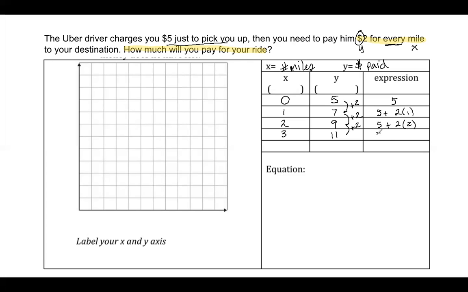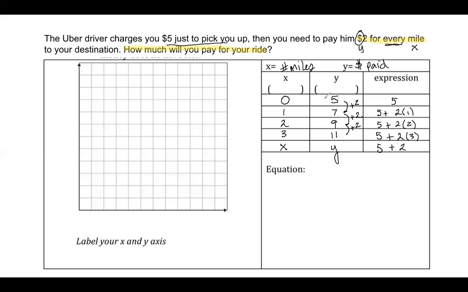For 3 miles, there's that $5 that we start with. And then we have 3 groups of 2 that we have to pay for the distance we travel. So if it's X miles, we'd pay Y dollars. And to figure out Y, we would have to do the same math we were doing up here. That $5 up front plus, look, every single one of these is a certain number of groups of 2.